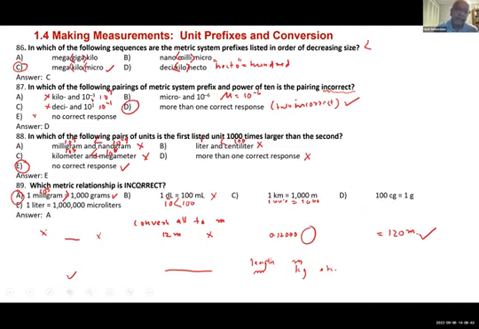Oh, they're asking incorrect. Incorrect is 1 milligram is. This cannot be correct. A milligram cannot be greater than 1,000 grams. Therefore, this is the incorrect. So A is the incorrect answer here.